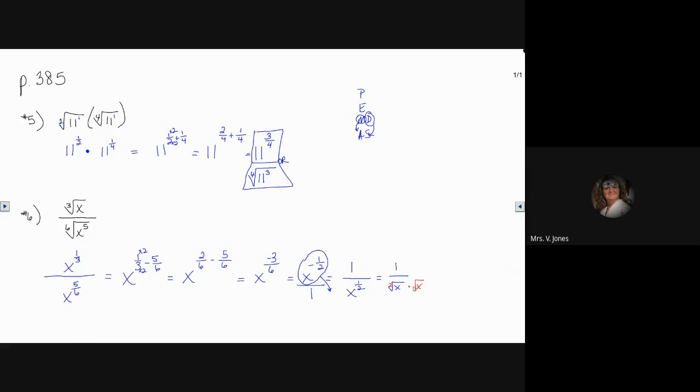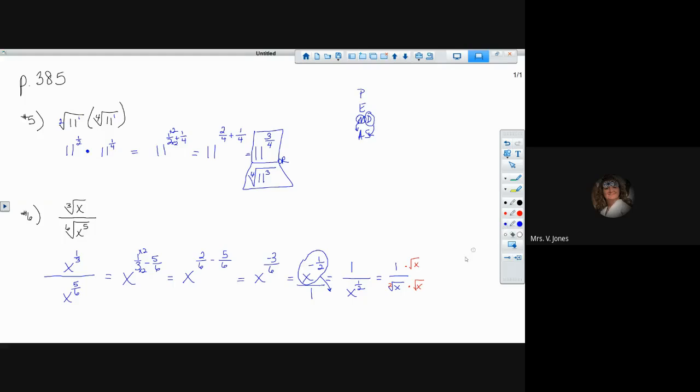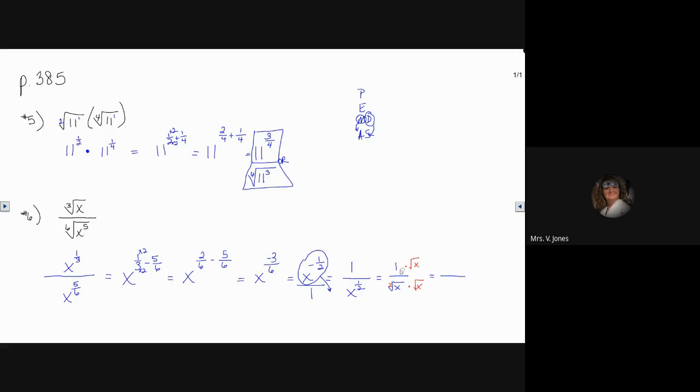If I do that to the bottom, I have to do it to the top. So we multiply across the top, we get square root of x. Across the bottom, square root of x times square root of x. Keep in mind, that would be 2 of them. So these 2 would come out as an x.